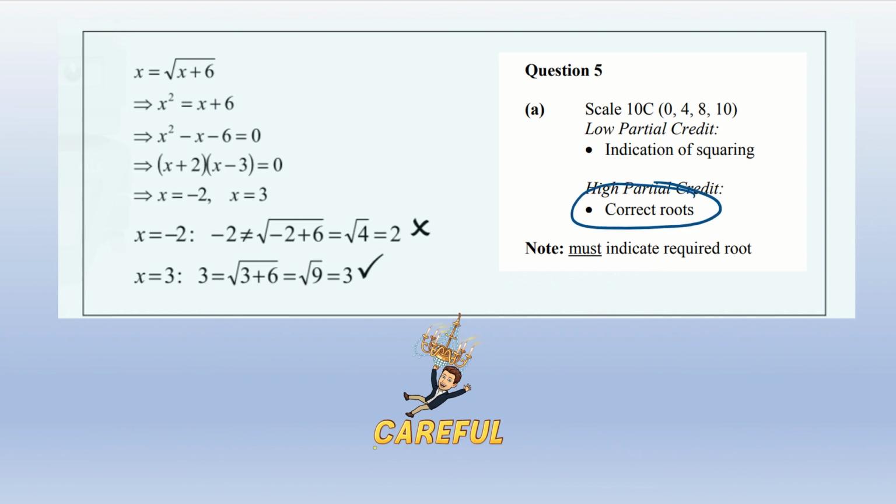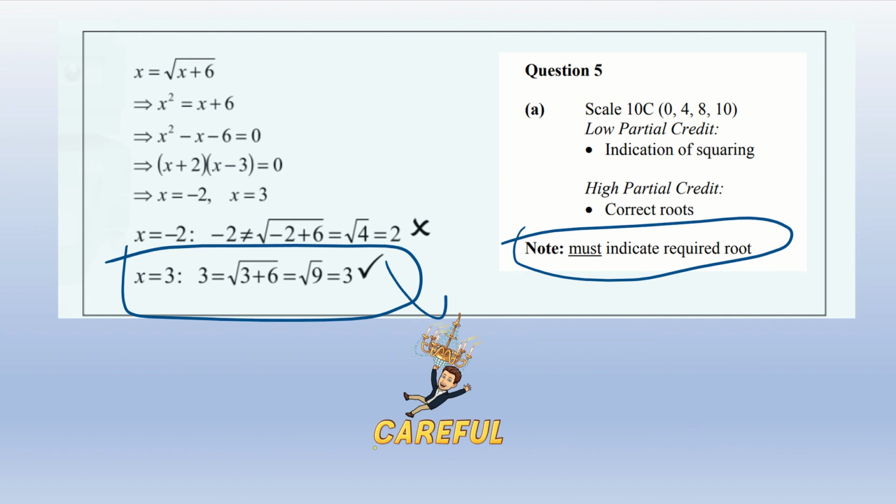You got your extra 2 marks if you noticed that, or if you checked your answers. So 20% of that question was just checking your answers. The note in here, must indicate required root. You had to tell me that this is the only one that works. So careful.